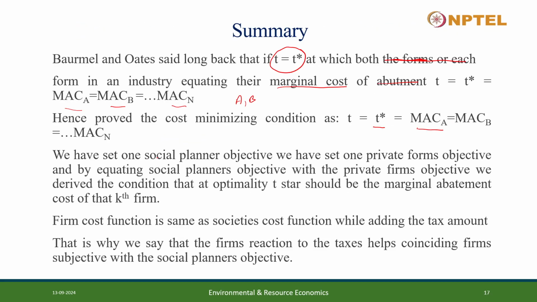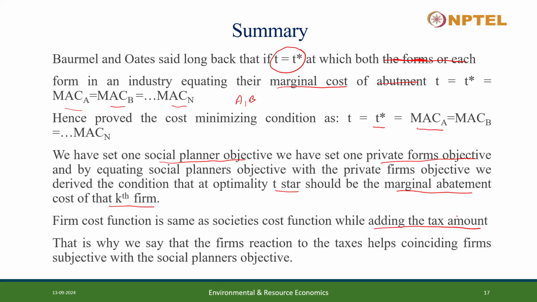So we have set one social planner's objective and one private firm's objective. Then by equating the social planner's objective with the private firm's objective, we derive the optimality condition that t star should be the marginal abatement cost of the kth firm. The firm's cost function is the same as society's cost function while adding the tax amount.